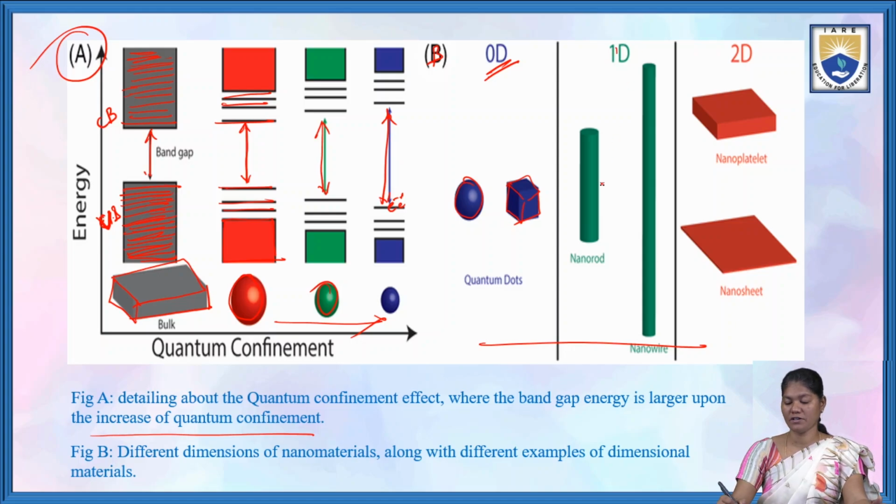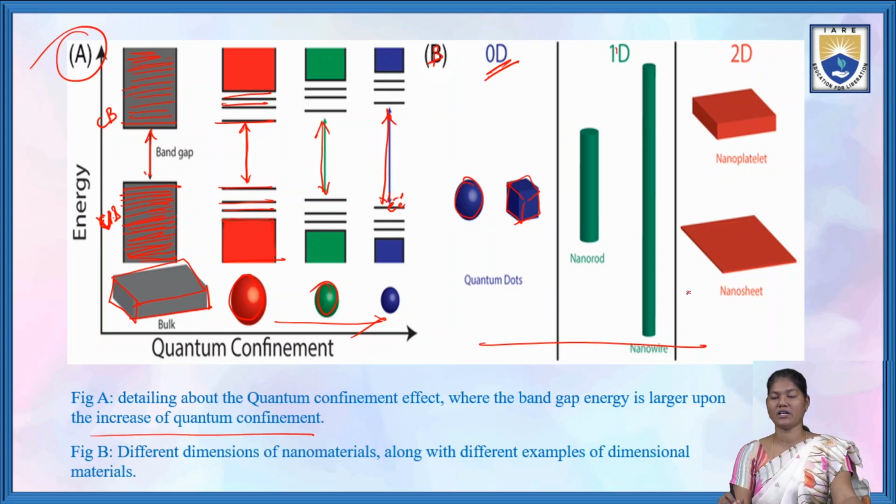In 1 dimension, we can take nanorods and nanowires. The difference between nanorods and nanowires is the ratio between the diameter and the length.